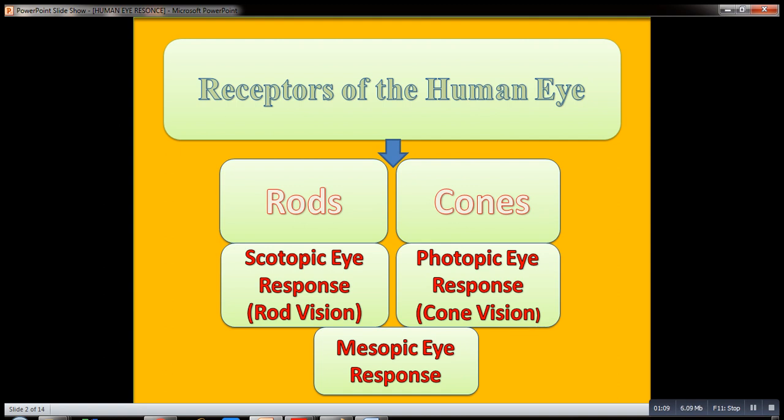On average, there are approximately 92 million rod cells in the human retina. Rod cells are more sensitive than cone cells and are almost entirely responsible for night vision. However, rods have little role in color vision, which is the main reason why colors are much less apparent in dim light.